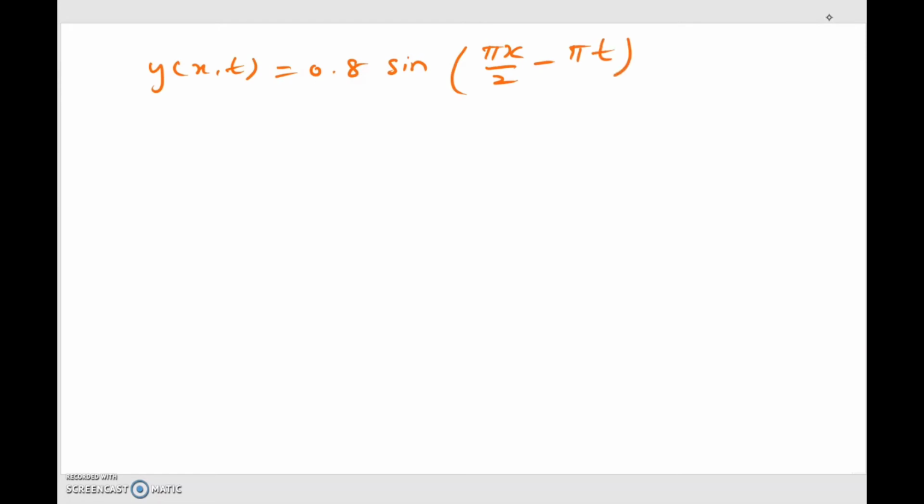So when t equals 0, y(x,0) equals 0.8 sine(pi x over 2), because t is 0.